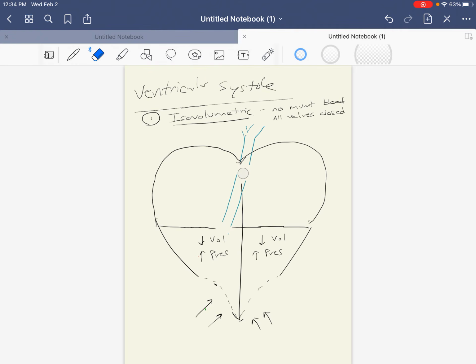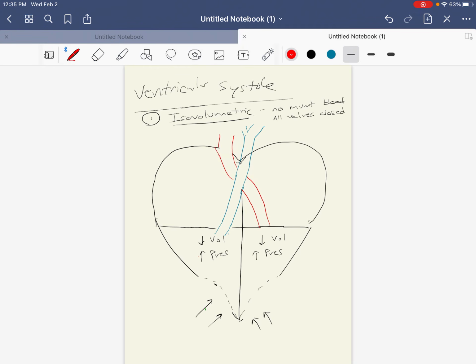Let me do blue for the pulmonary artery. The right ventricle is going to pump out to the pulmonary trunk, and the left ventricle is going to pump out to the aorta.